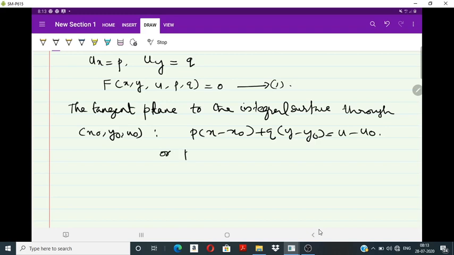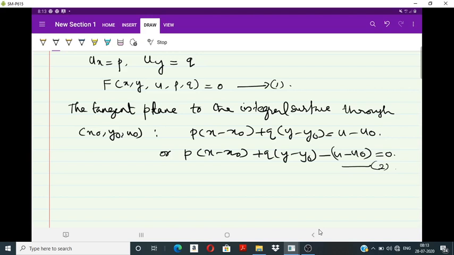Or we can rewrite this as p into x minus x naught plus q into y minus y naught minus of u minus u naught is equal to 0. Let this be equation number 2. So this is the equation of the tangent plane to the integral surface u equal to u of x, y, which passes through the point x naught, y naught and u naught.